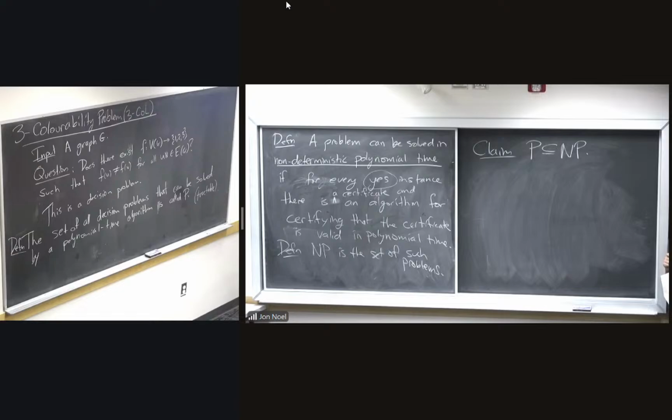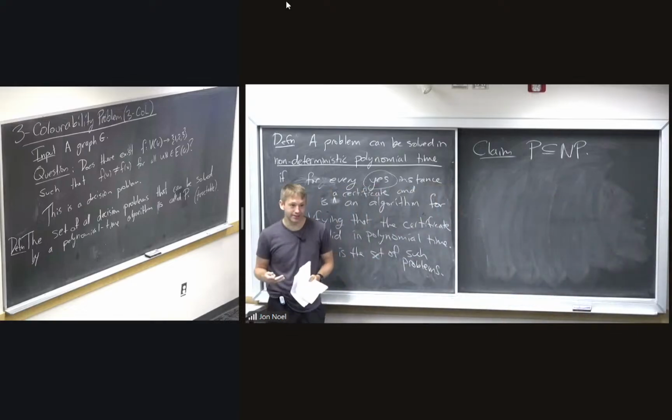There's a kind of cheap trick to do this. Can anyone see why this is true? Suppose I've got a problem that's solvable in polynomial time. What's the certificate for a yes instance?